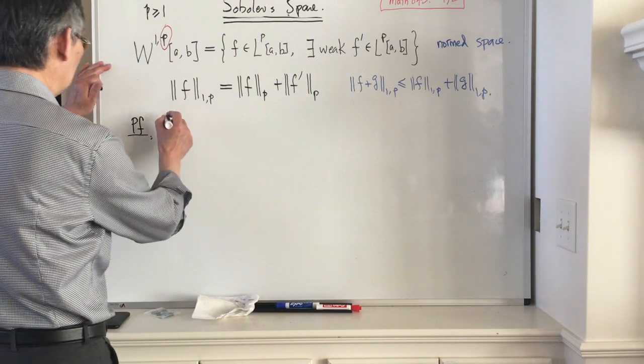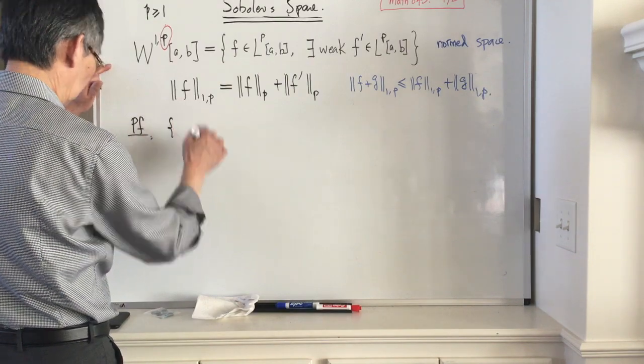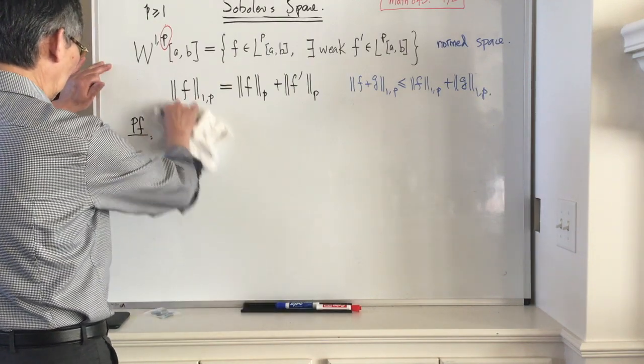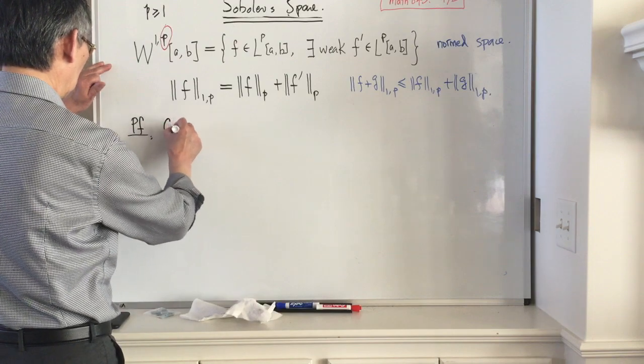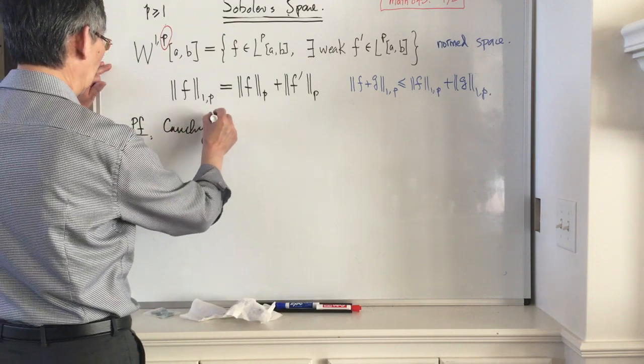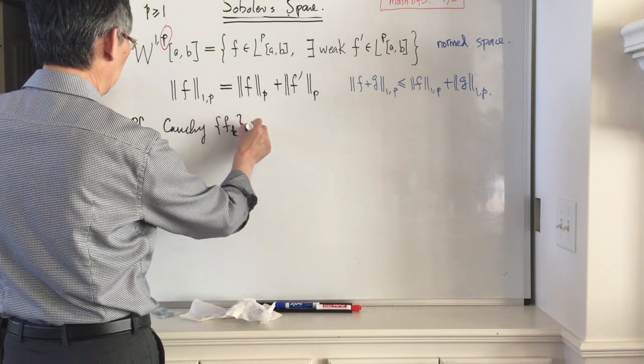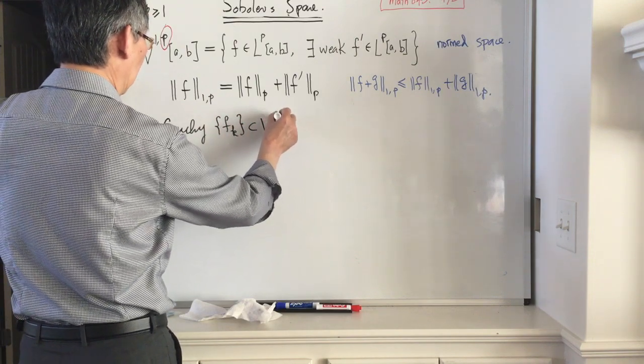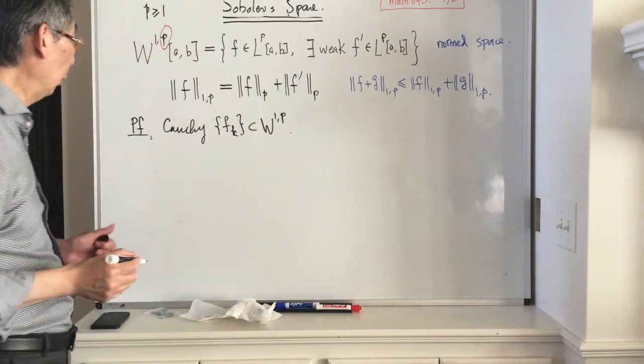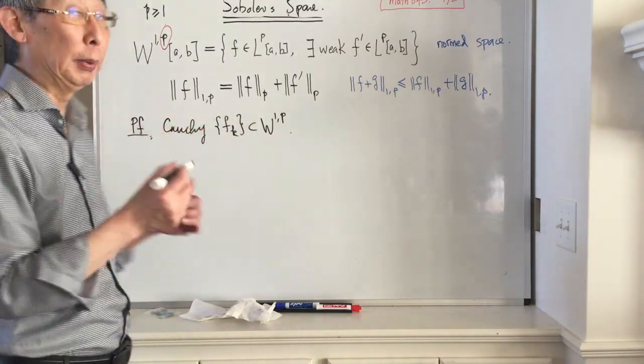So let's pick a Cauchy sequence, like f_k in W^{1,p}. Now, what does it mean that it is Cauchy?